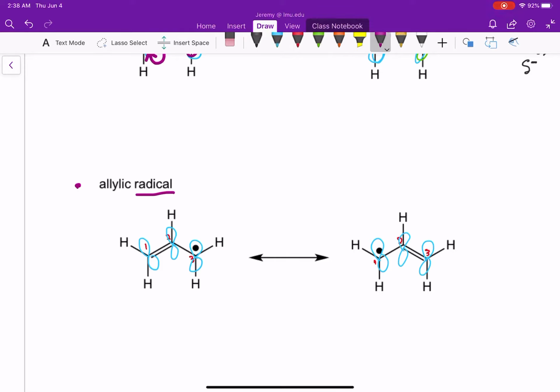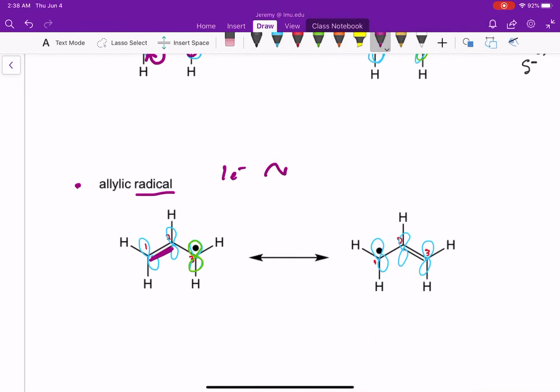Okay, so what we see in the resonance structure on the left, we've got a double bond, a pi bond between the p orbitals at carbon 1 and carbon 2. And now in carbon 3, we have a single electron in our p orbital, okay? So here when we designate our arrows, remember we're working with one electron, so we have to use a fishhook arrow.